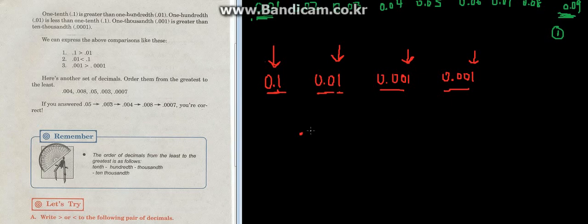You have the decimal point, and then you have the tenth, the hundredth, the thousandth, and then the 10,000th.